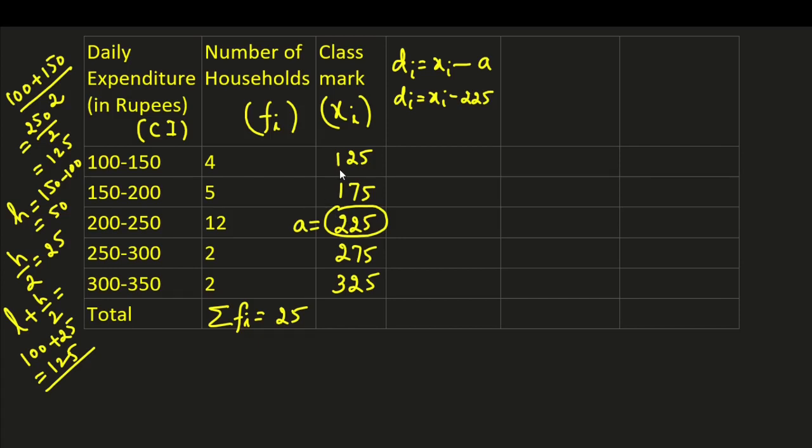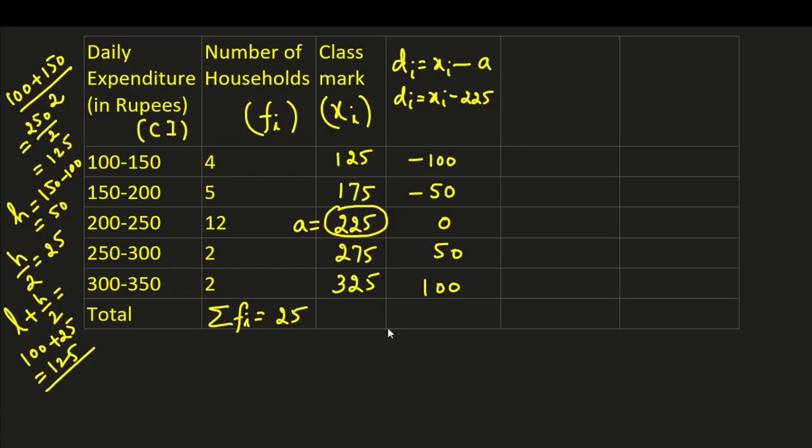Here xi is 125. So 125 minus 225 is minus 100. 175 minus 225 is minus 50. 225 minus 225 is 0. 275 minus 225 is 50. 325 minus 225 is 100.